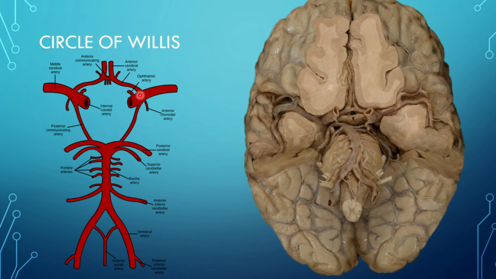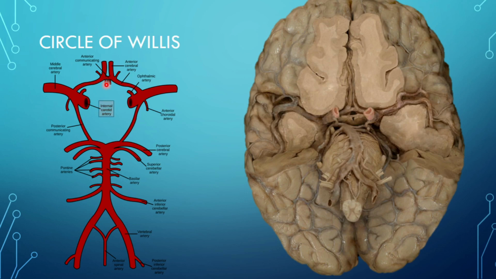We then form a complete loop of the circle of Willis via this artery here, the anterior cerebral artery, that's the left anterior cerebral, and here's the right anterior cerebral, and then the anterior communicating artery that sits between those two anterior cerebral arteries.